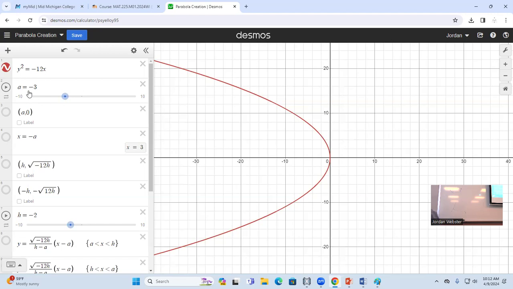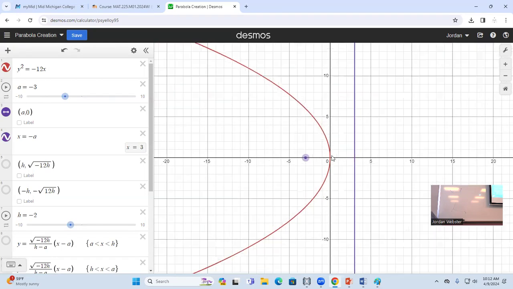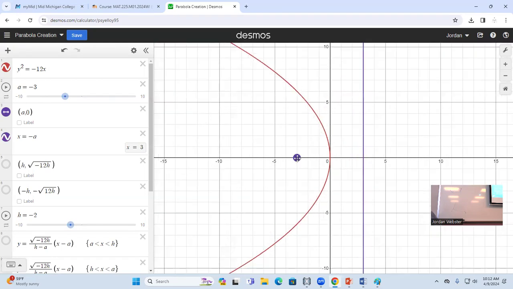Now, because p is -3, I called it a here. We have two objects. One is a point. This point is the focus.